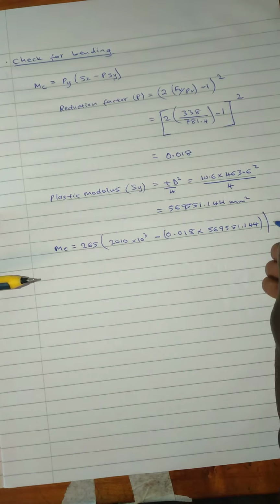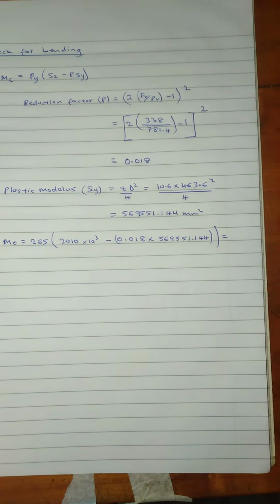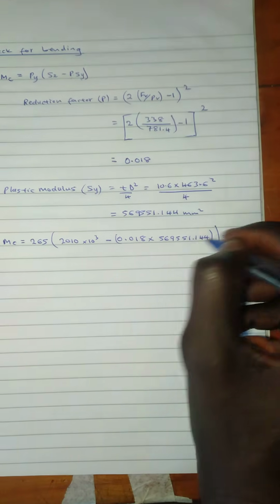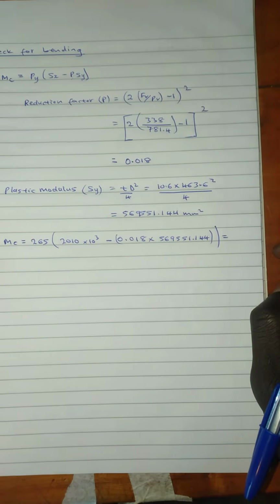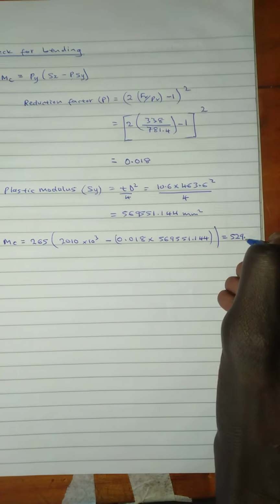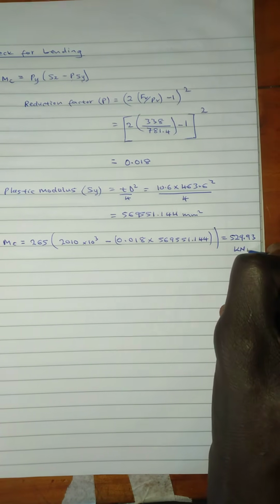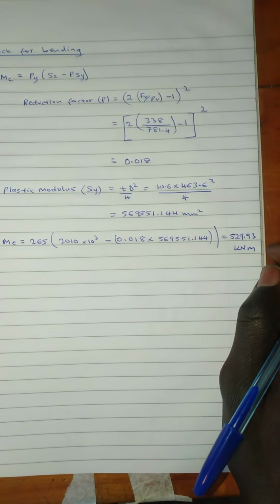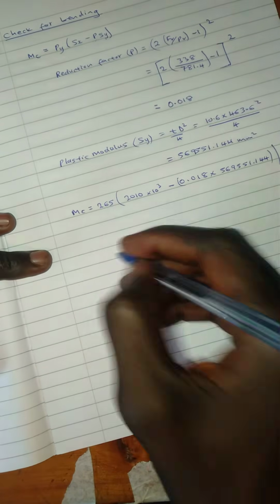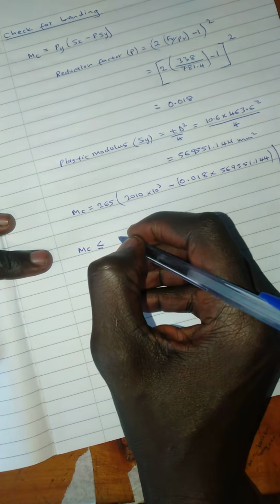All this we'll change into kilonewton meters. So we'll get 529.93 kilonewton meters.